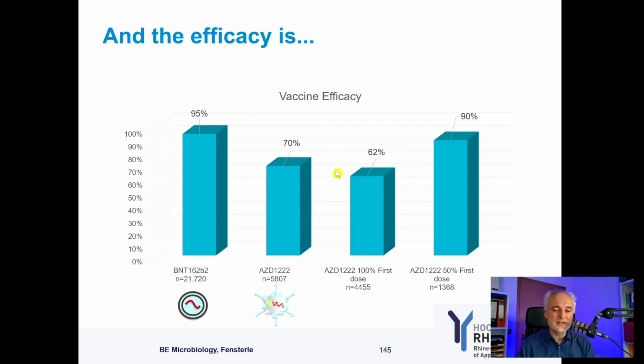And then the efficacy was lower. This was the Brazil part of the study. And occasionally, unintentionally in Britain, a lower first dose was injected, so only 50% of the intended dose. And interestingly, this was more protective.